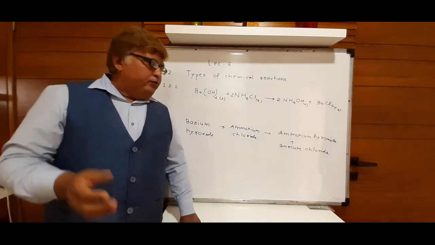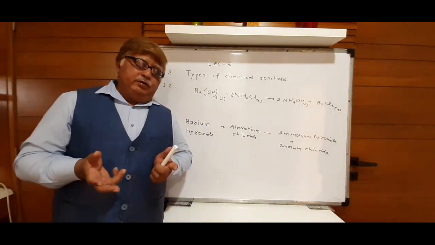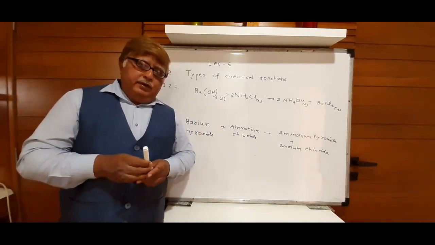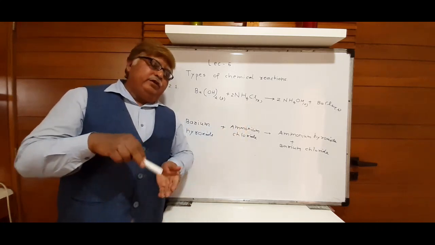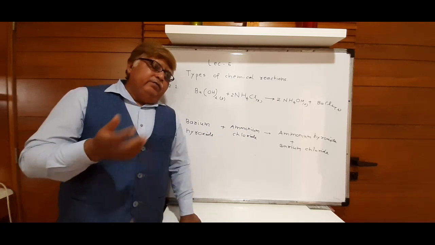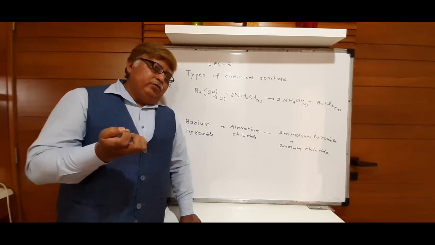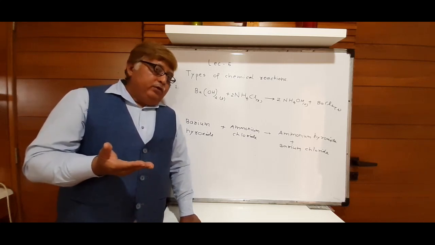It is also given in the textbook in the form of an activity that in one vessel or one test tube you take barium hydroxide and you add ammonium chloride and stir the mixture. What happens? They have instructed in the textbook, try to touch the bottom of the test tube or whatever vessel you take, and what do you feel? You feel cool.